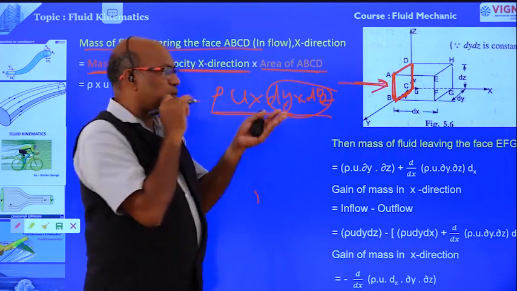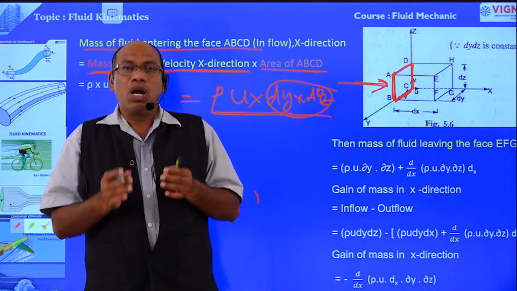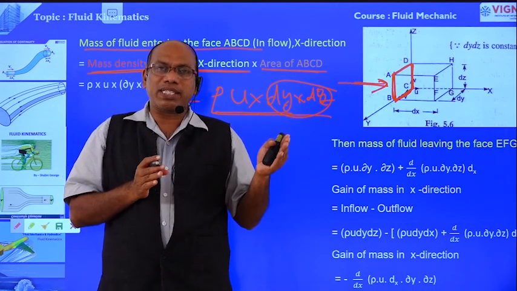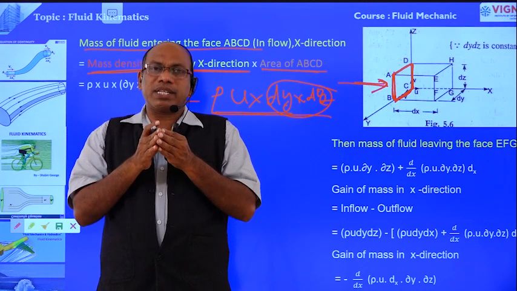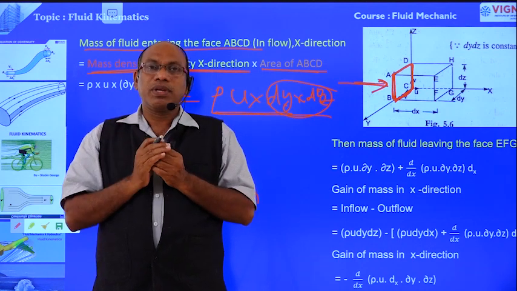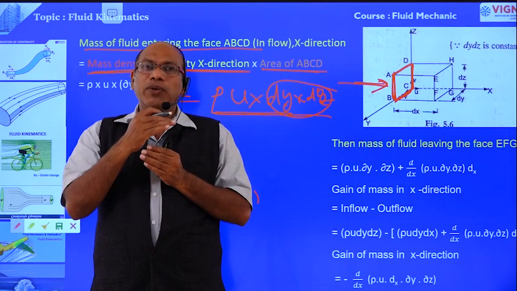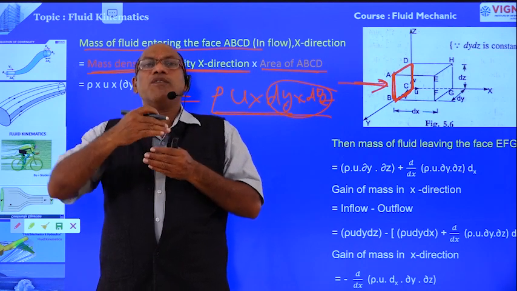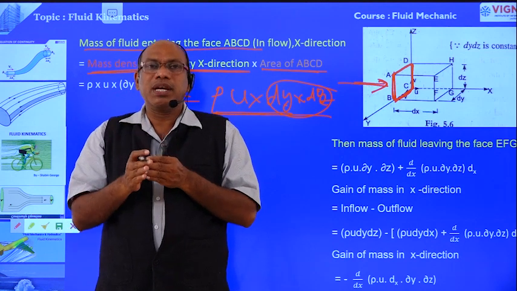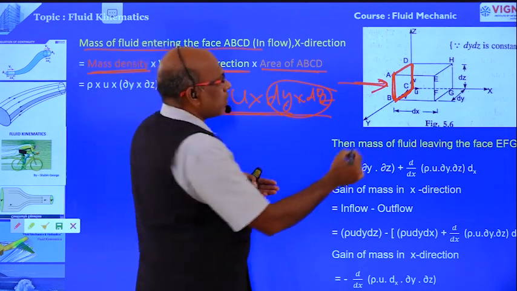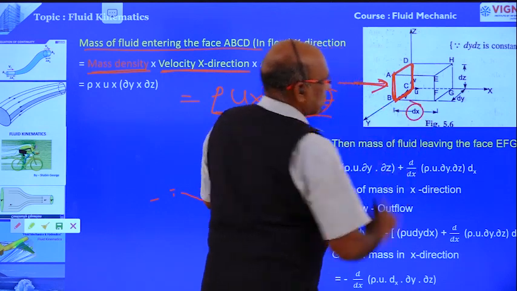Right, this is the mass of fluid entering in the x direction. Mass of fluid leaving in the x direction means the mass of fluid entering in the x direction plus the differentiation of the mass of fluid entering in the x direction with respect to x, into the distance traveled, that is dx.